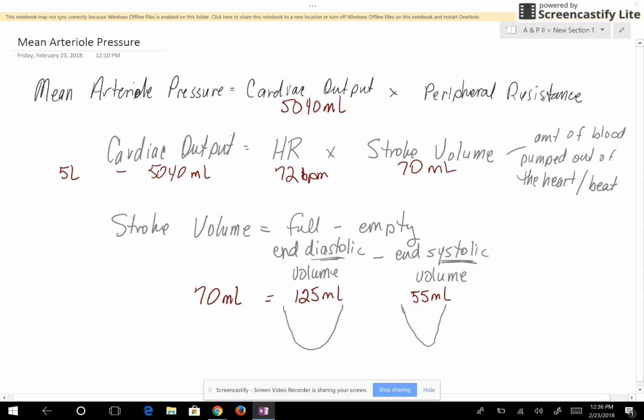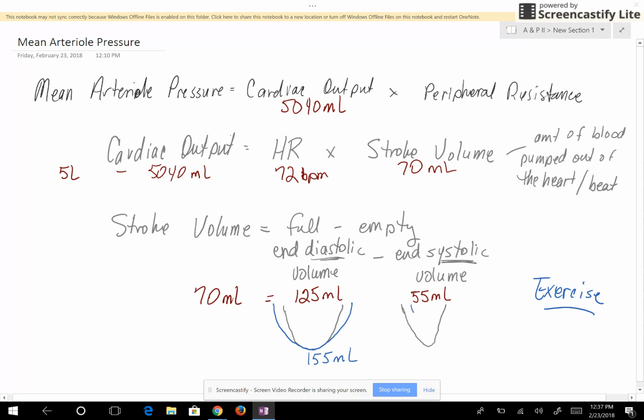Okay, we're going to say that we're exercising in blue. So exercise is going to have the blue color. Whenever you exercise, the heart's going to fill up with more blood. So I'm going to actually increase your ventricle here. And we're going to say that in this example, the end diastolic volume is 155 milliliters.